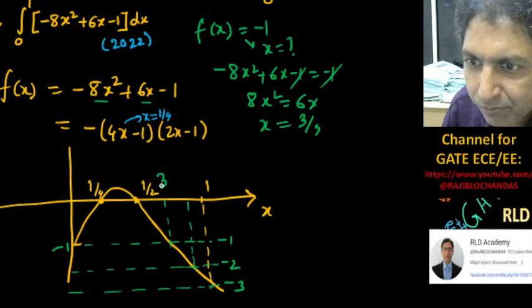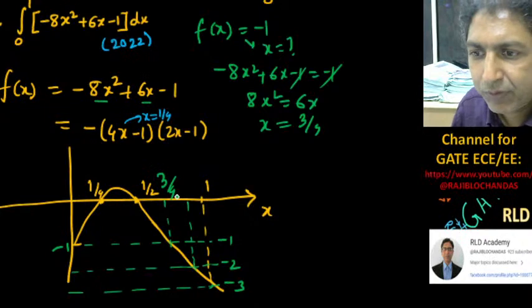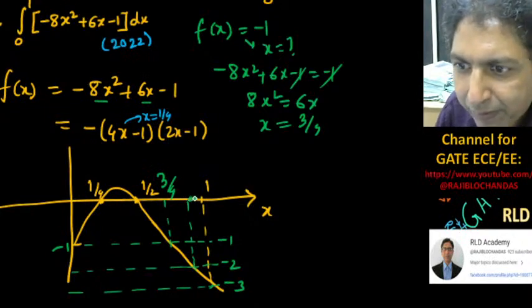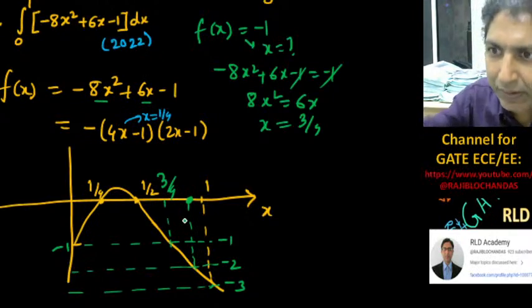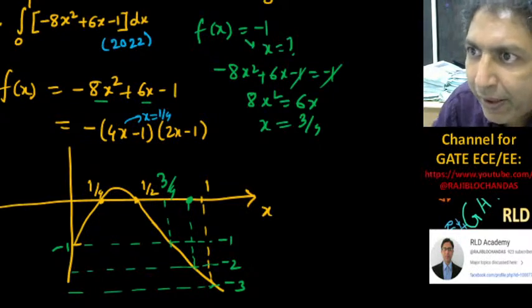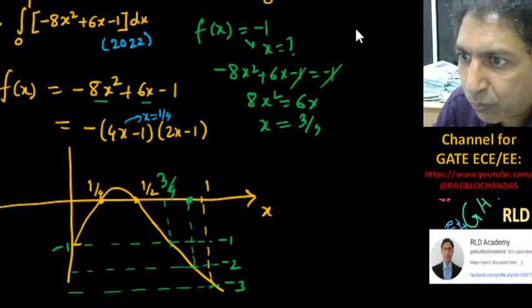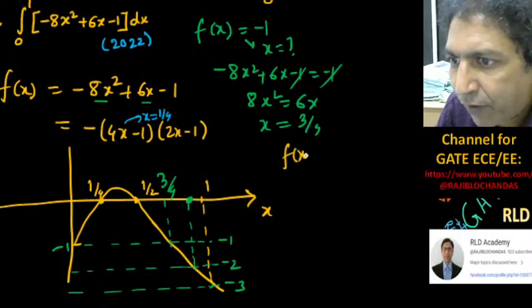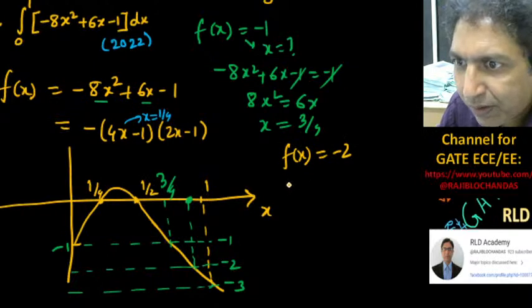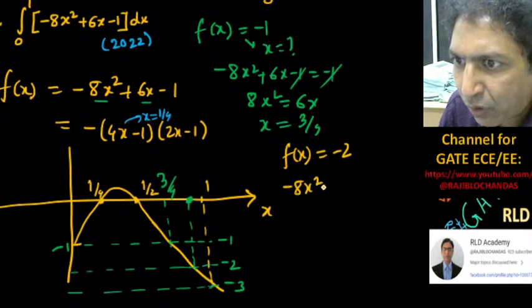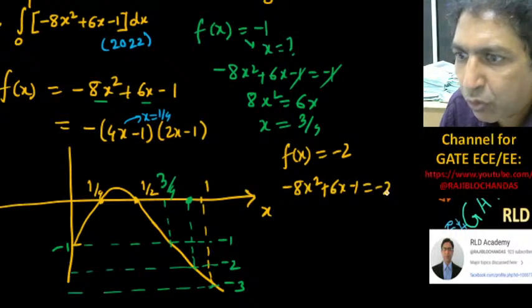Similarly, this point you need to find out. Can you find the next point when f of x equals minus 2? I need f of x equals minus 2. What are the solutions? So what you will do? Minus 8x square plus 6x minus 1 equals minus 2.